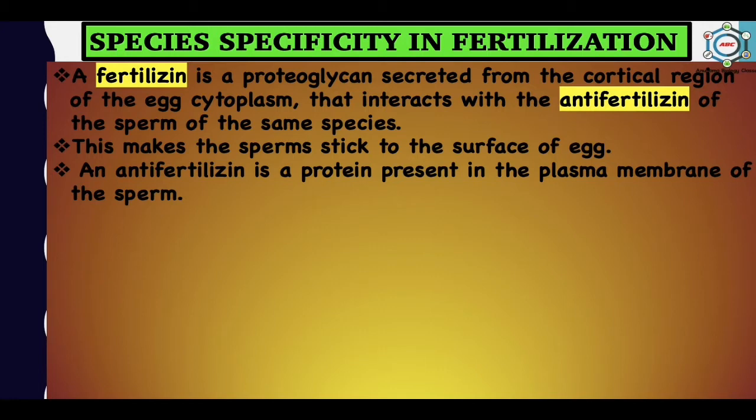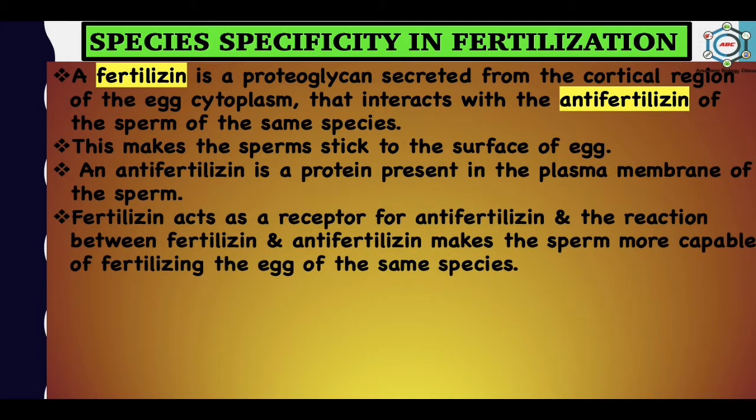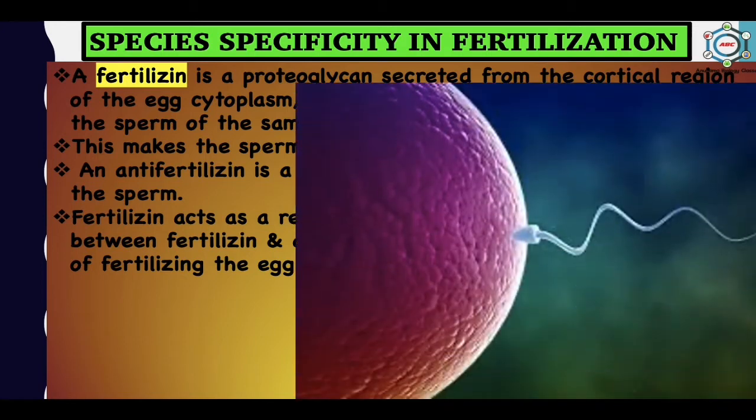Anti-fertilizin is a protein present in the plasma membrane of the sperm, and the fertilizin acts as a receptor for anti-fertilizin, and the reaction between the fertilizin and anti-fertilizin makes the sperm more capable of fertilizing the egg of the same species. In this picture, sperm contact the ovum because of the process of agglutination and interaction of fertilizin and anti-fertilizin. Because of this reaction, the sperms adhere to the egg.